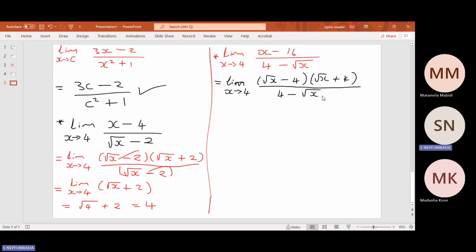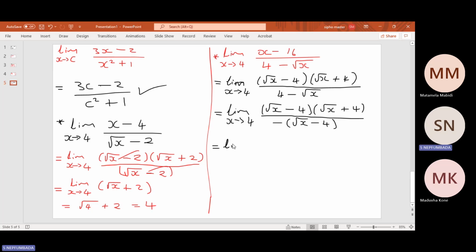So now, this is equal to the limit of x approaching 4 of square root of x minus 4 times square root of x plus 4 divided by, we take the common factor of minus, then we're left with the square root of x minus 4.